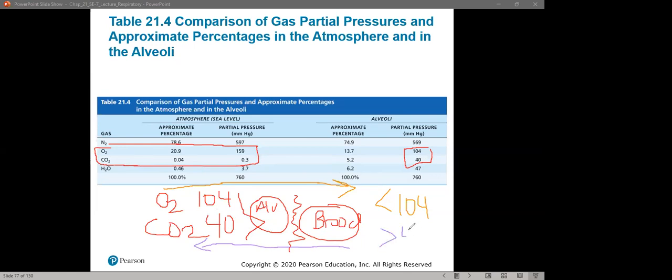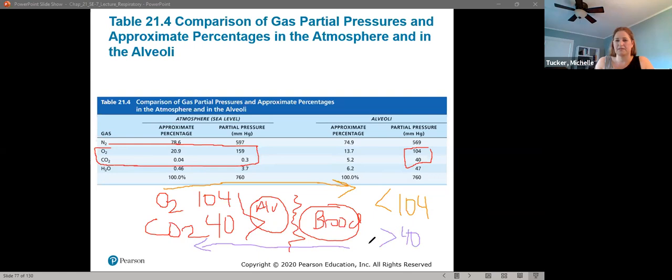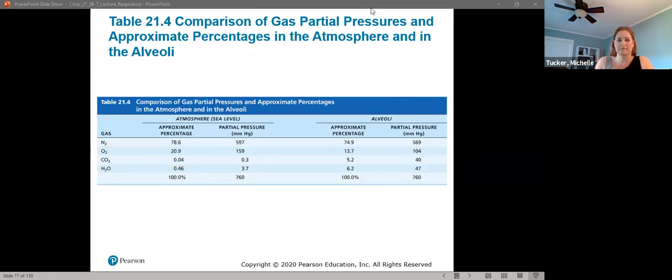So we need to be over 40 because we have to move from high to low. This is an important concept to understand: this is high to low for oxygen, and then it'll be high to low for CO2, but we're always going from higher to lower.